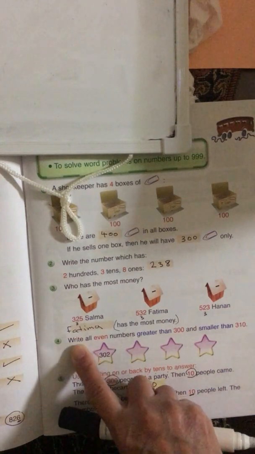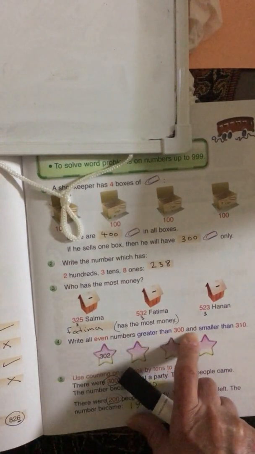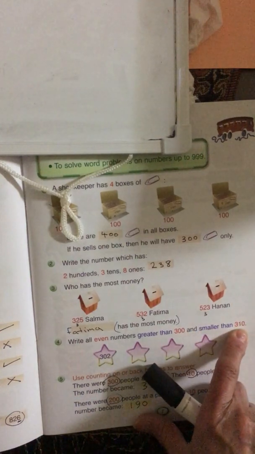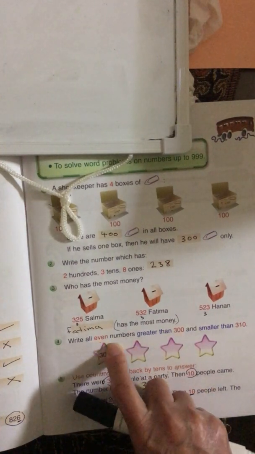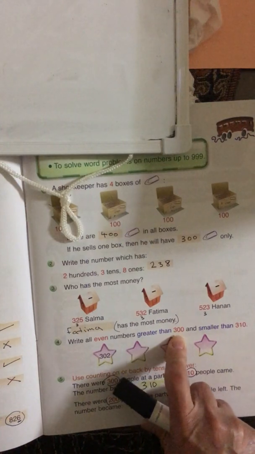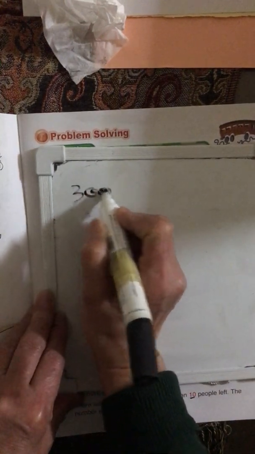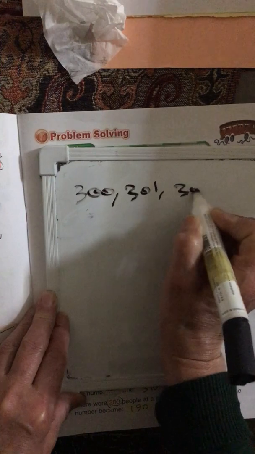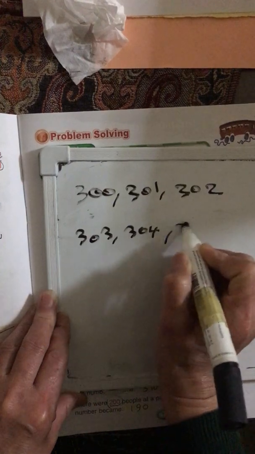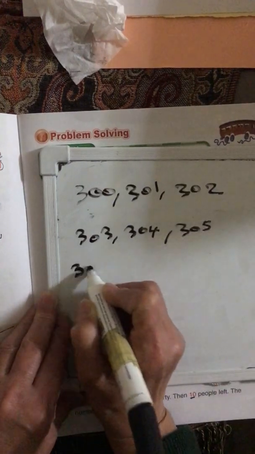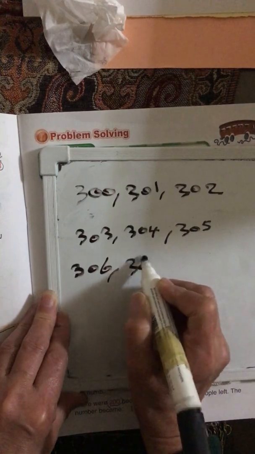Okay. Write all even numbers greater than 300 and smaller than 310. If you start by 300, I will write 300, then 301, 302, 303, 304, 305, 306, 307.